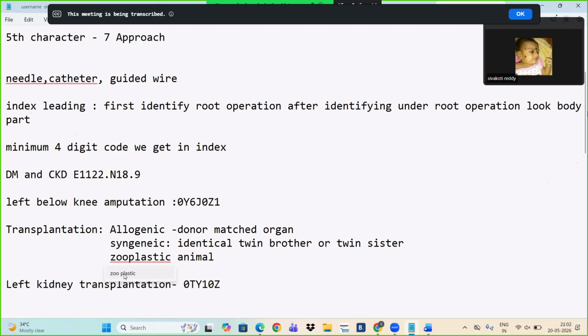Allogenic is 0, right? Yes, sir. Syngeneic equals 1.